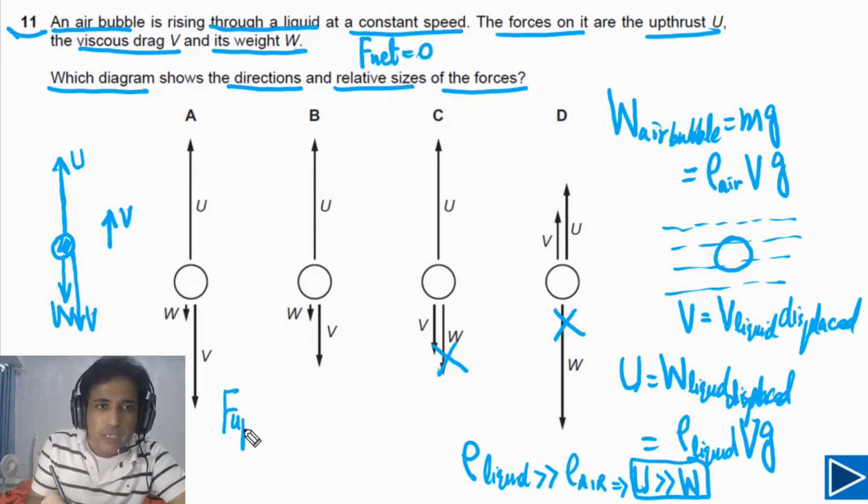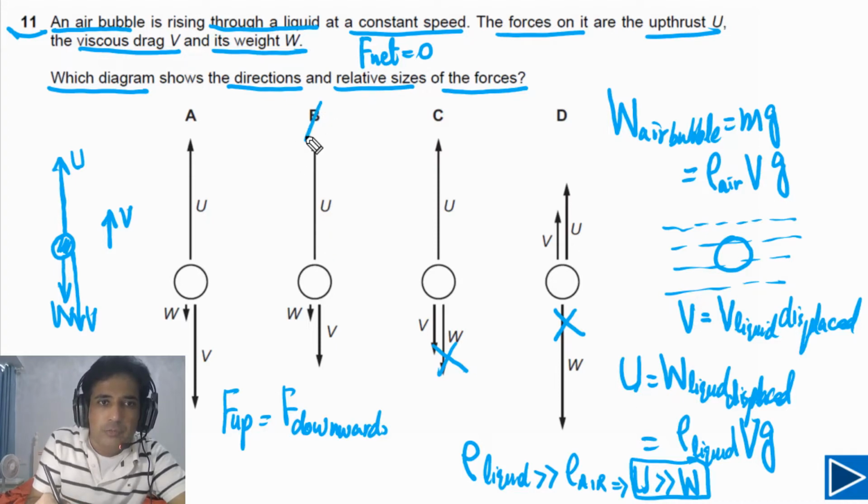But this is not true because the sum of these two is not equal to this. So option B is also not possible. So the best possible option for this question is A.